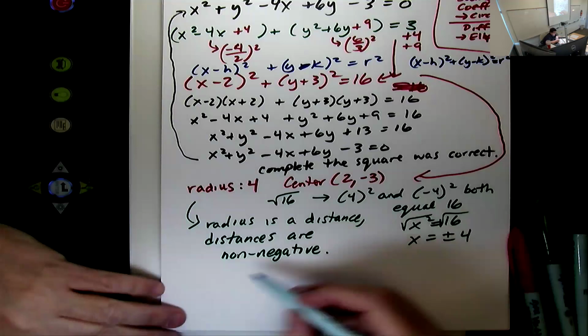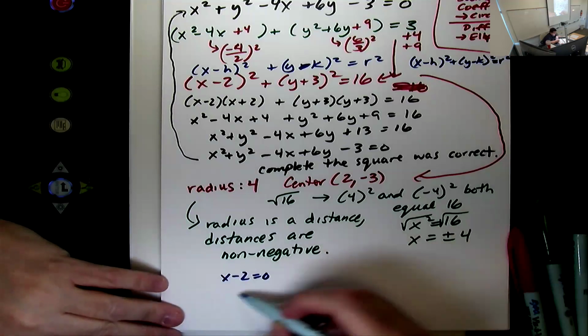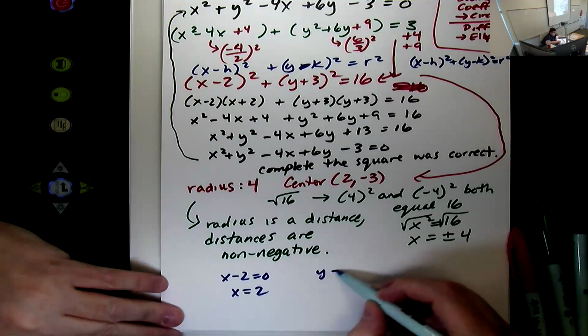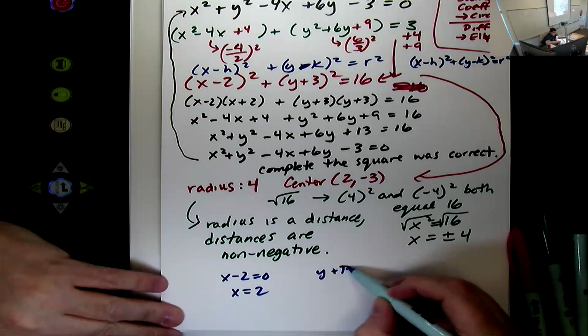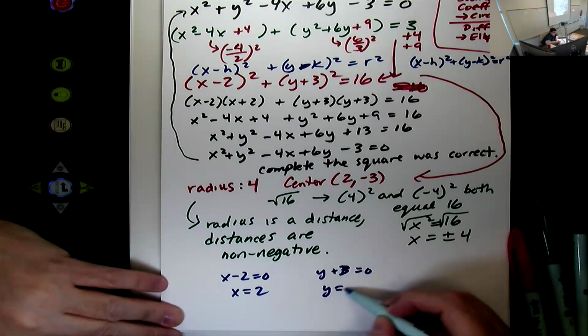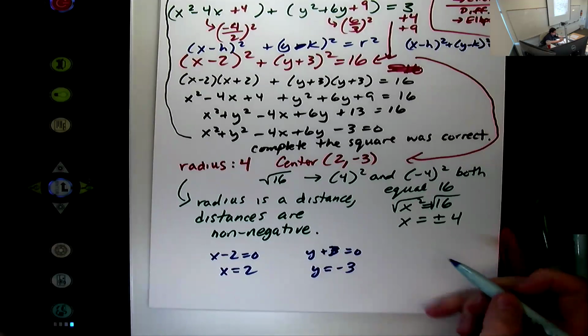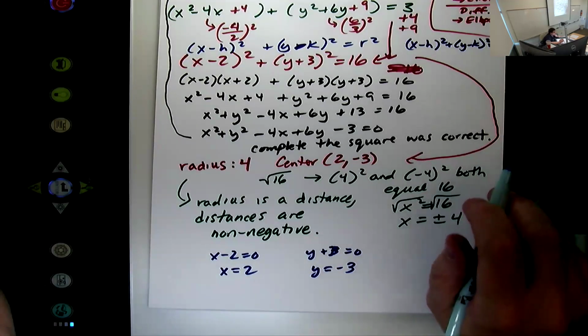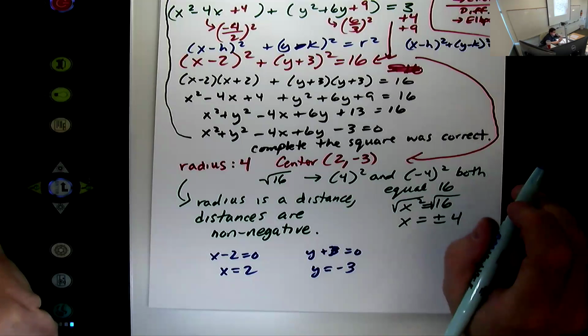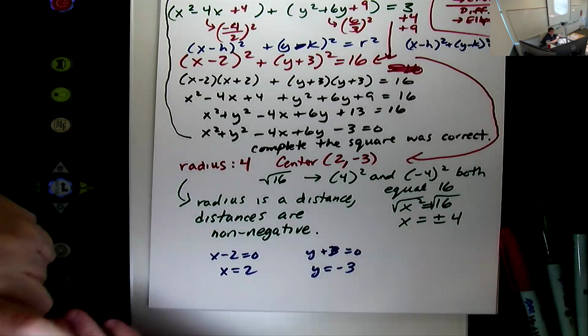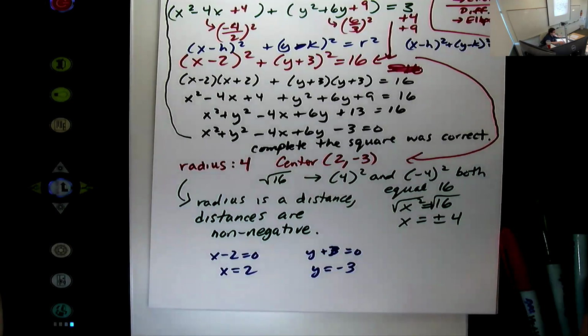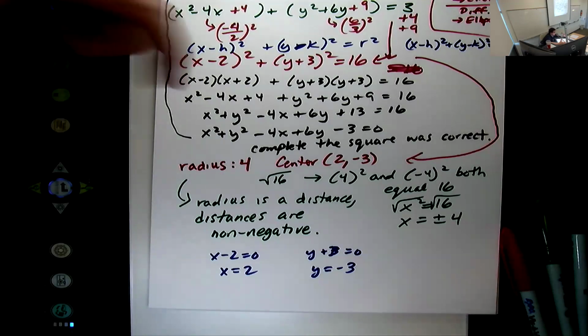Another way to do it is set the inside equal to 0 and solve. They'll always flip flop sign, kind of like they did with the parabola, when there's parentheses, it did the opposite sign.